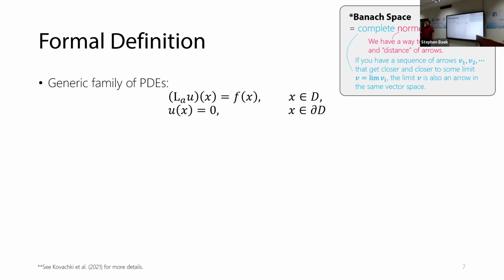On the right-hand side, we've been looking at cases where f(x) equals 0, so there's no external input coming to the system. But if you're a roboticist, or working on optimal control problems, f(x) is a control input, so the actuator output and those kinds of things are defined in f(x). So it's a very generic form of partial differential equation.